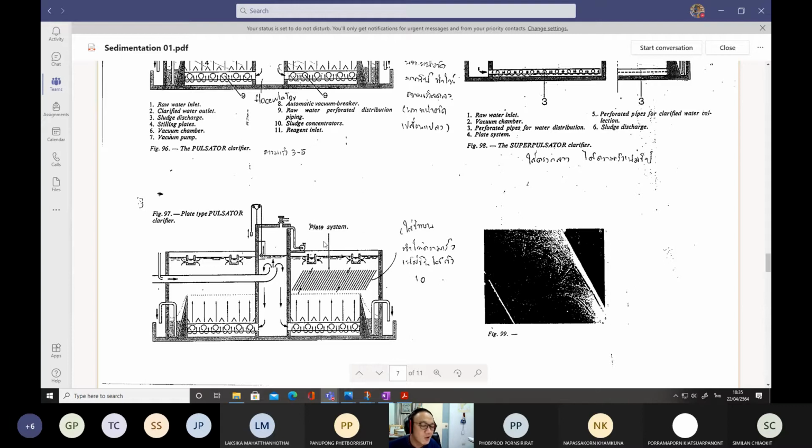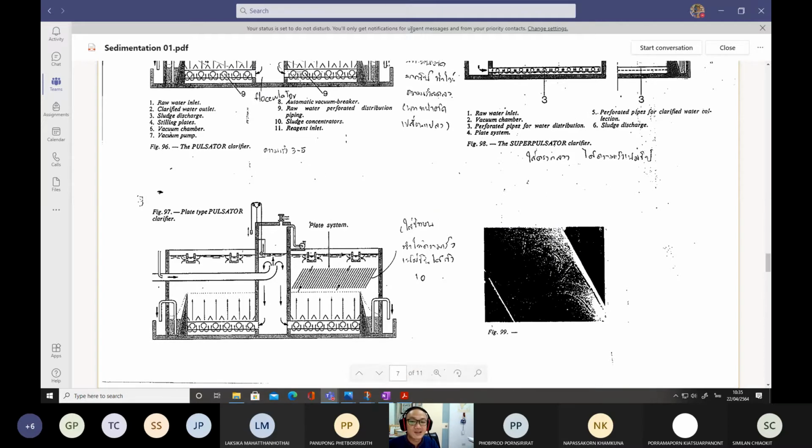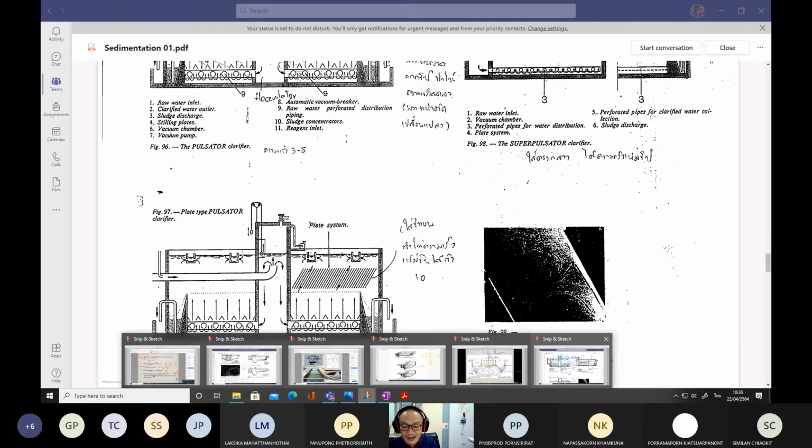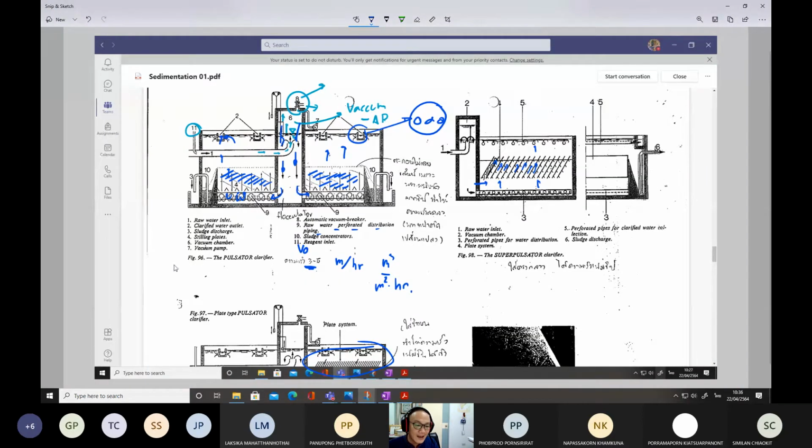But if we install the inclined plate, the same chamber can actually process water up to 10 meters per hour. So what does it mean? A settling tank which can handle higher overflow rates will be better. Why is it like that?